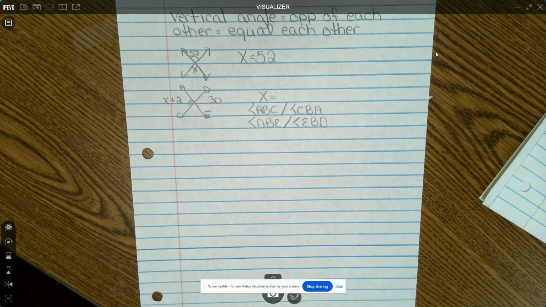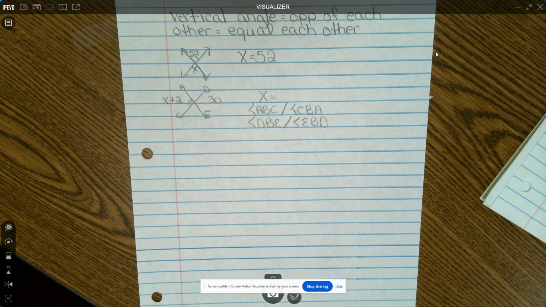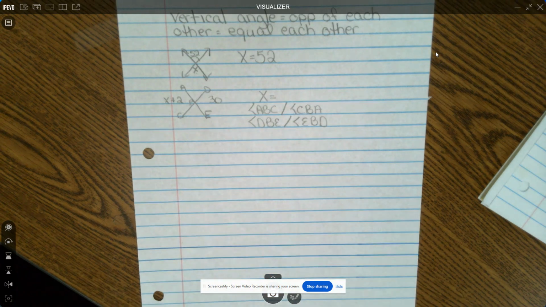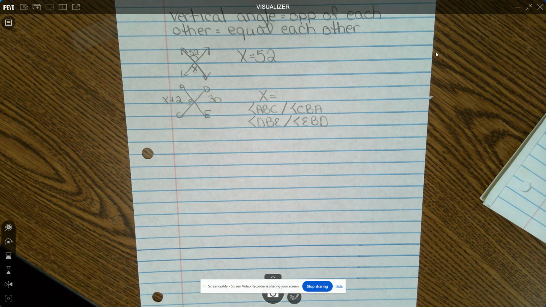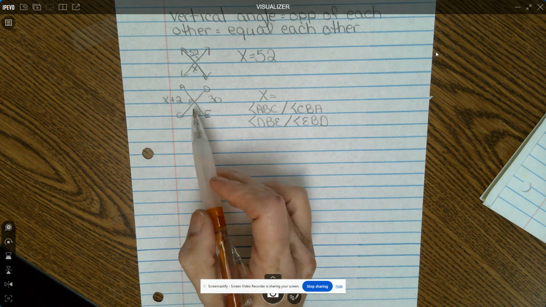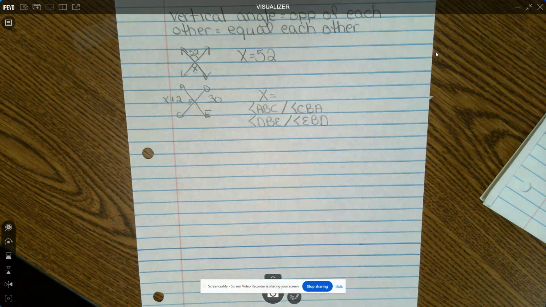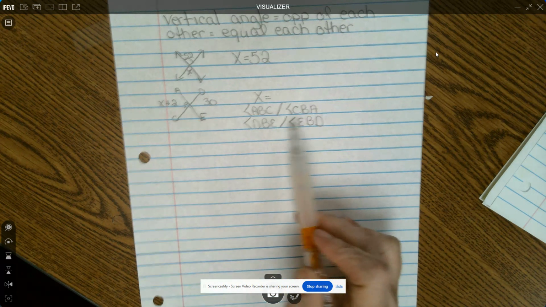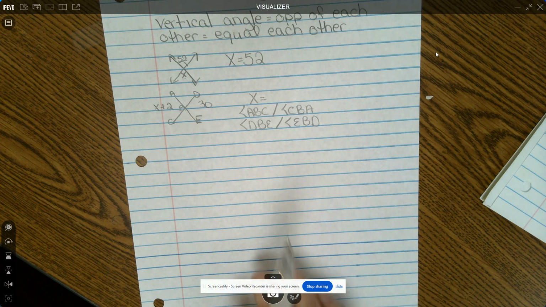All right, go ahead and figure it out. Hey, what's that weird letter in the middle of the X? That's a B right here. The vertex here is B. So remember, the middle letter of each of these is always the vertex.